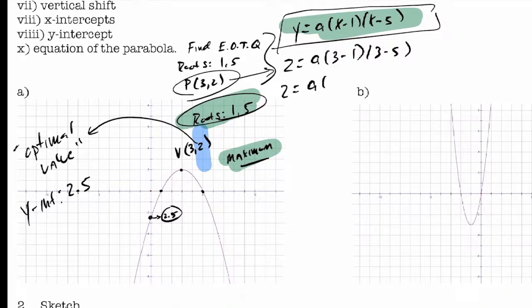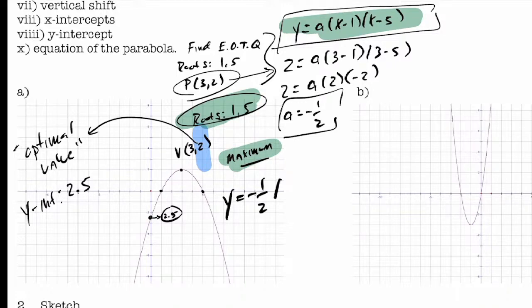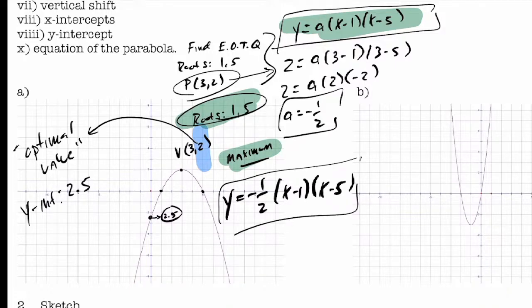So this becomes 2 times negative 2, and I end up getting a is negative 1/2. If you actually do your math, you get minus 1/2 for a. So the equation is y = -1/2(x - 1)(x - 5).